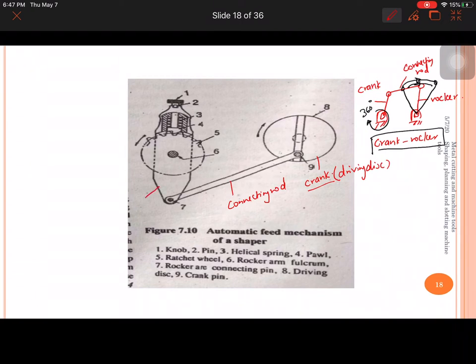This connecting rod is connected with this fulcrum, and this fulcrum is nothing but the rocker. Now let us understand, if this driving disc is rotated by half of its rotation, then this is called the fulcrum, and here we have this pawl. This is called the pawl, and this is called the ratchet.